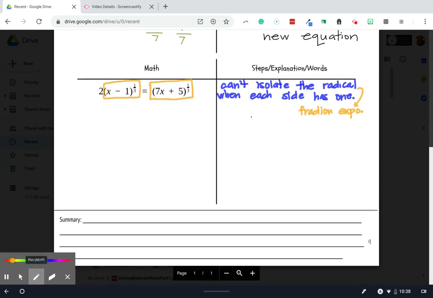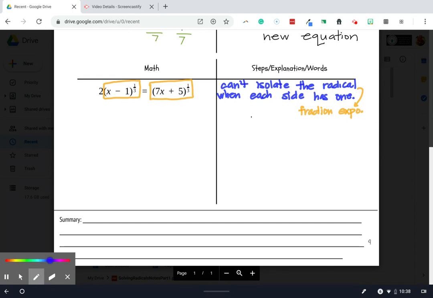So in this problem, we are going to deal with that fraction exponent the same way as we did in the problem up above, but we're just going to attack it a little bit differently because we don't have an index, we have a fraction.